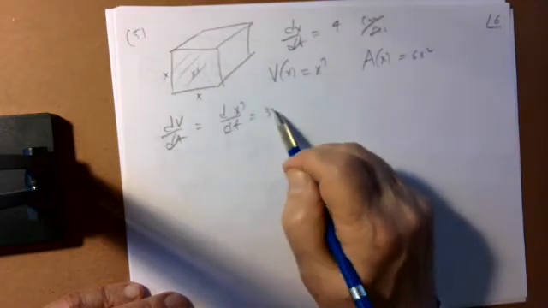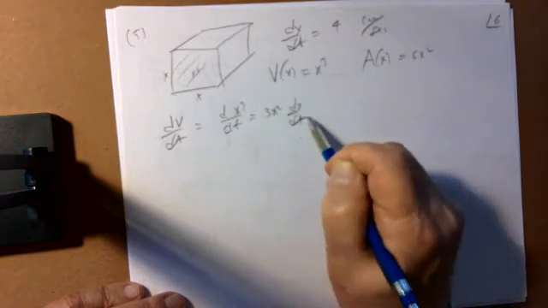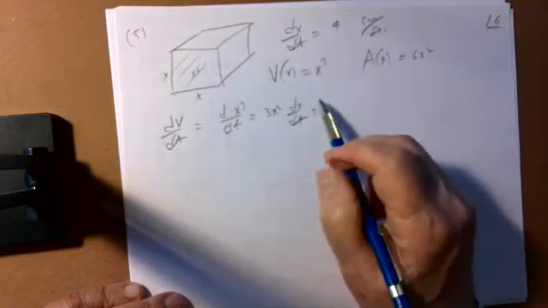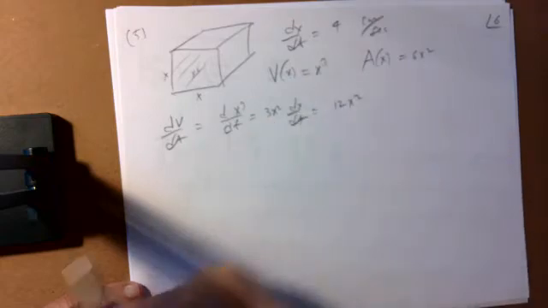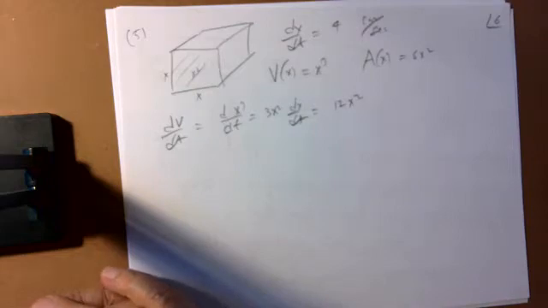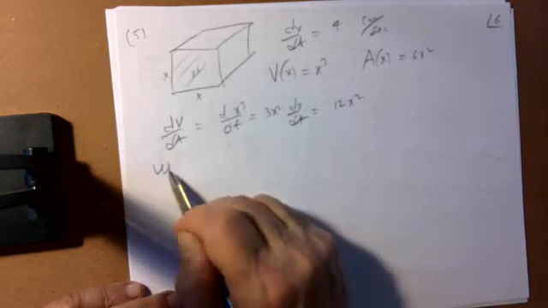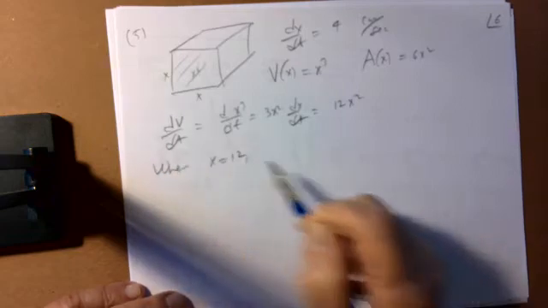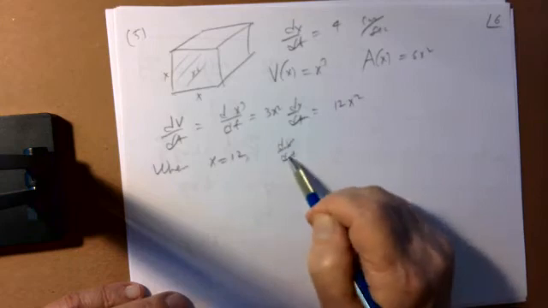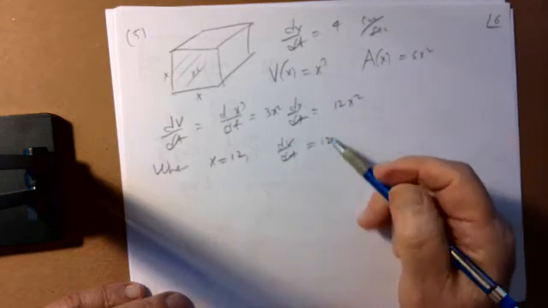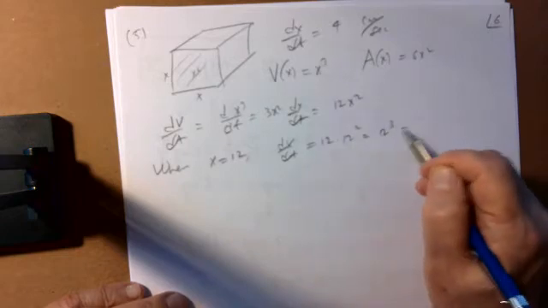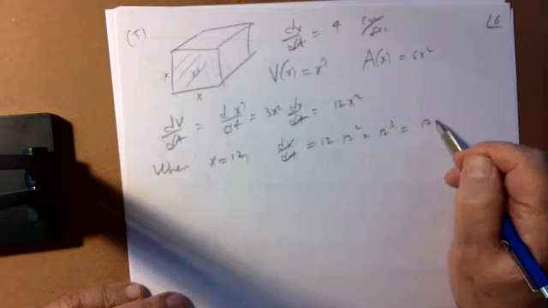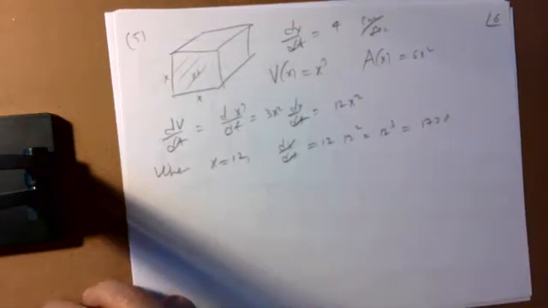By the chain rule, this is 3x squared dx dt, and dx dt is 4, and 3 times 4 is 12x squared. So that's the rate of change of the volume as a function of x, and when x is equal to 12, dV dt is 12 times 12 squared, which is 12 cubed, which is 1,728.